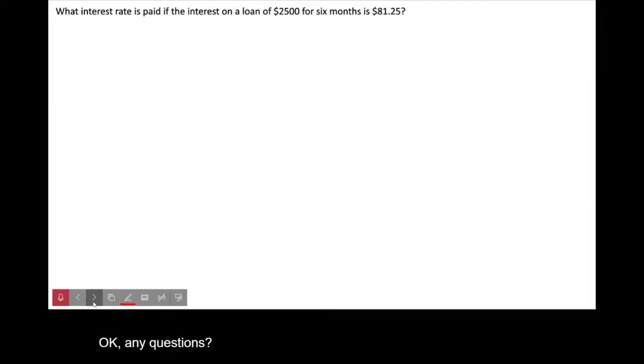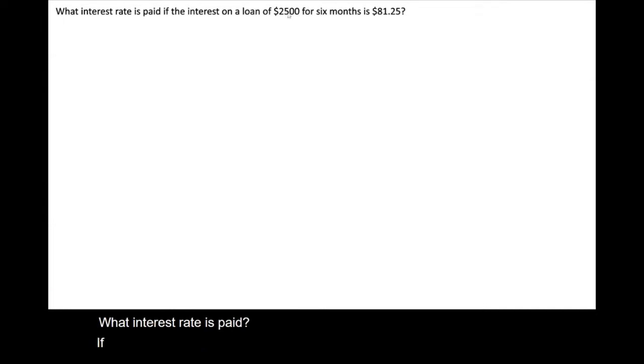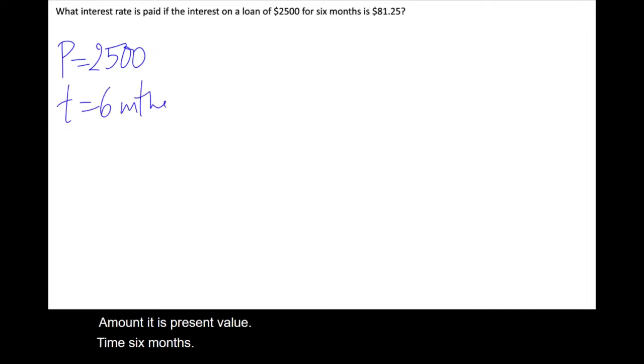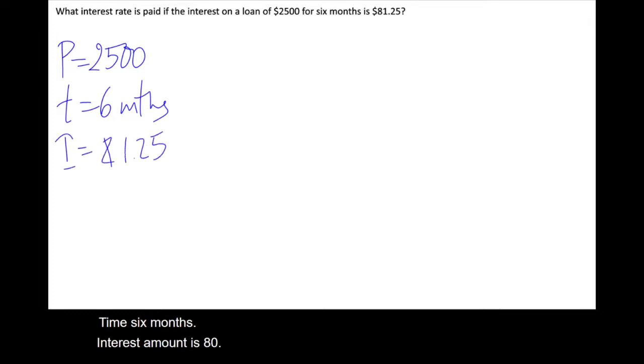Okay, let's do it. What interest rate is paid if the interest on the loan of 2,500 for 6 months is 81.25? So the loan amount is the present value, time is 6 months, interest amount is 81.25.